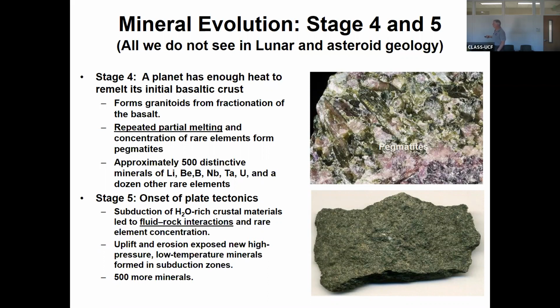Stage 5 is the onset of plate tectonics, because since we are water rich, that lubricates and allows for plate tectonics. And then what you're doing is shoving water-rich crustal materials back into the crust and mantle. And you get a huge range of fluid-rock interactions and rare element concentrations. And that cranks up 500 more minerals.